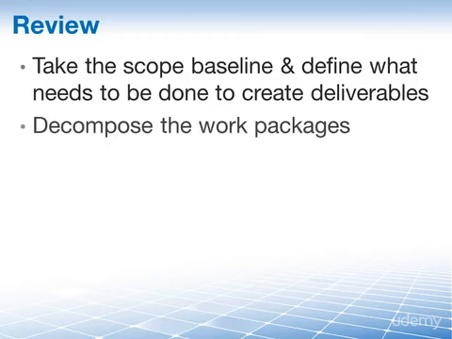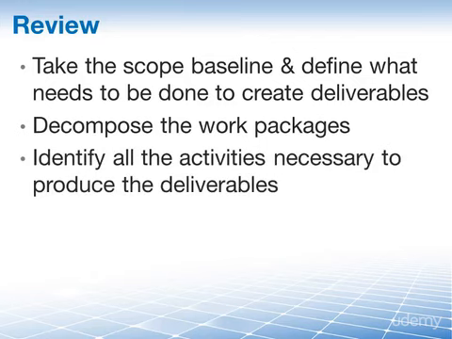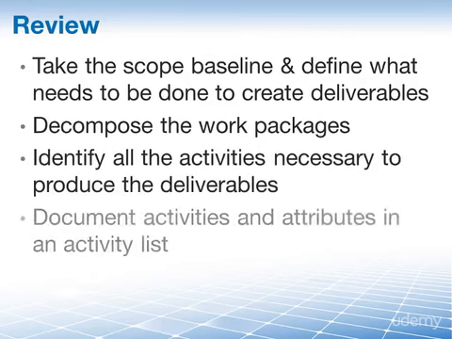We do this by decomposing the work packages from the WBS into actual activities. We identify all the activities necessary to produce the deliverables, and we document this in the activity list and add activity attributes. It's really quite that simple.